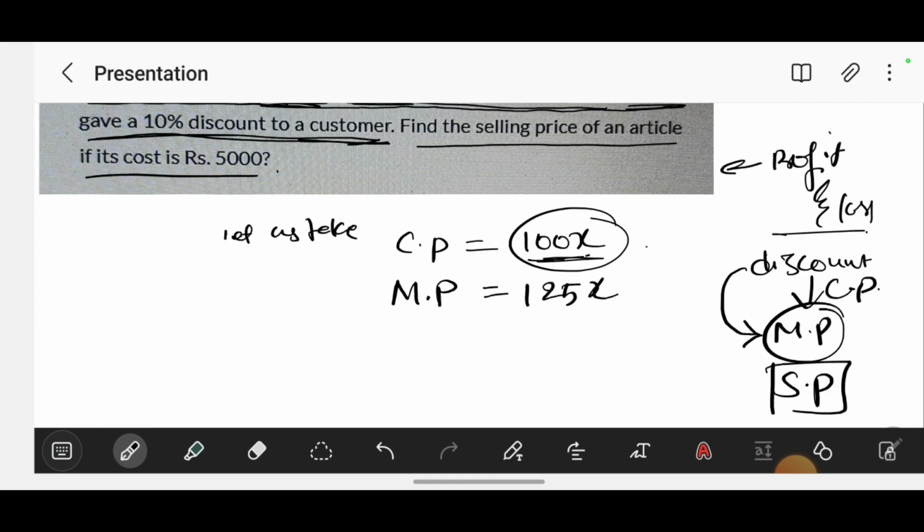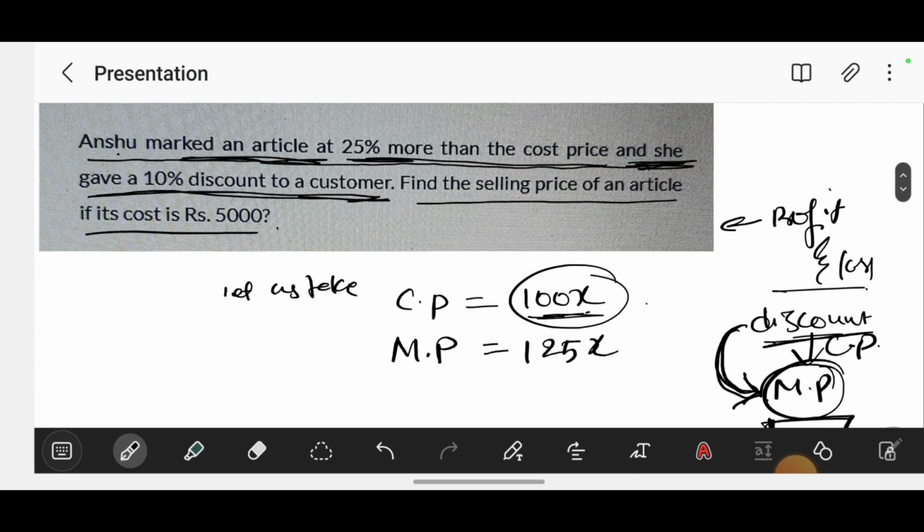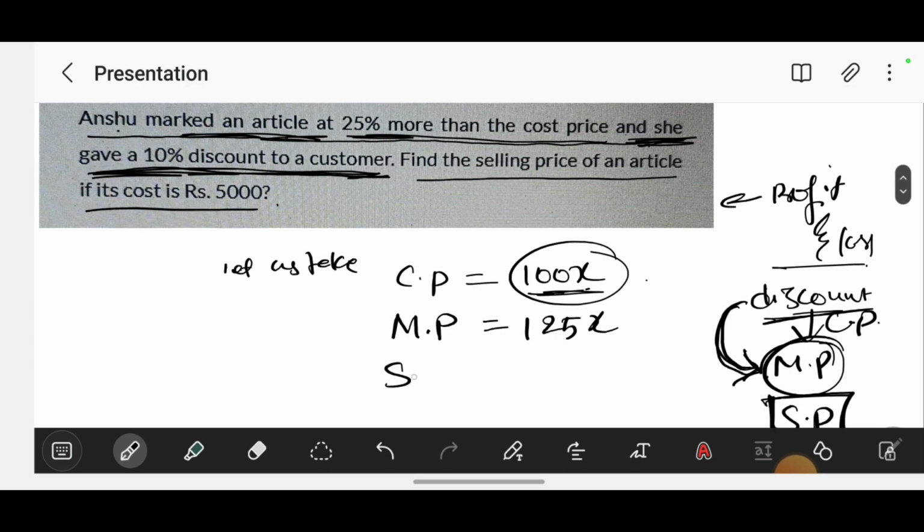I am saying it again: we have to give the discount only on the marked price, and the value obtained after giving the discount becomes the selling price, right? Here she gave a 10% discount to a customer. That means the selling price should be this 125x, for which 10% discount is given and the remaining percent is the selling price.